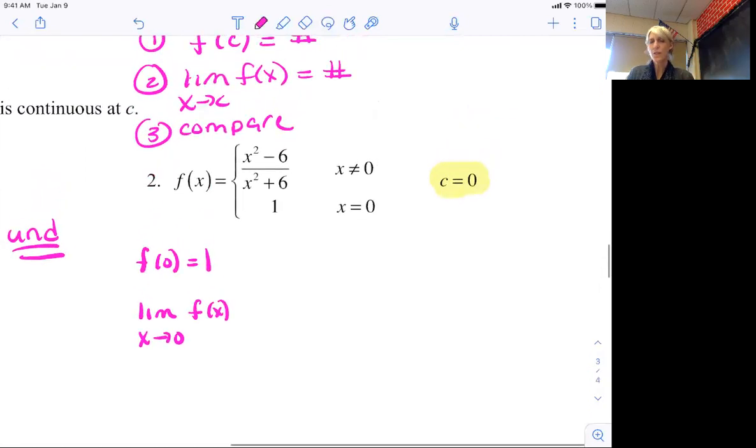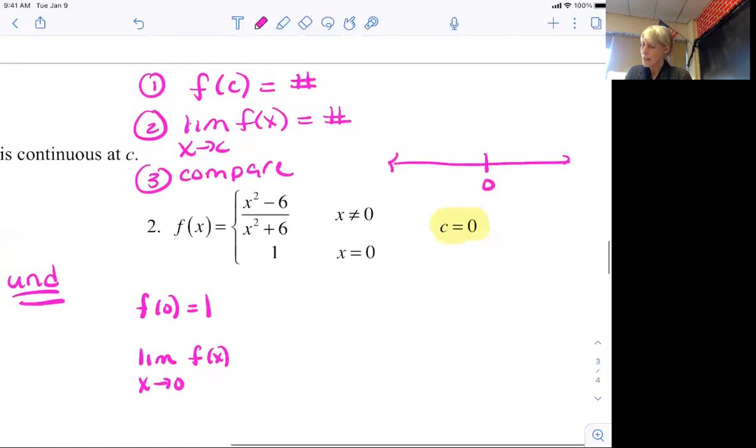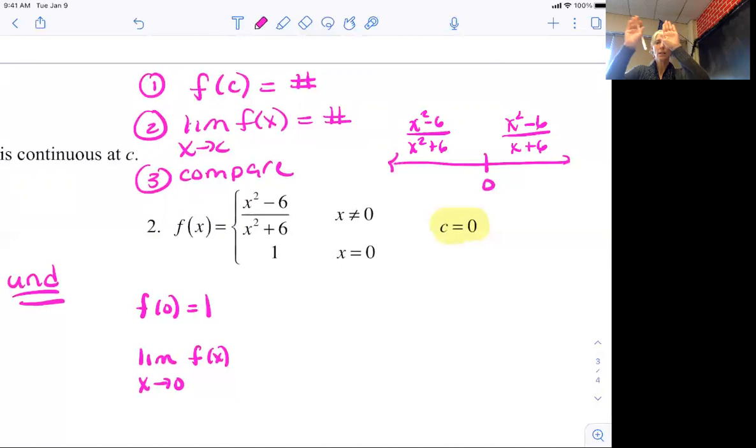Go up to your piecewise function and think about what's going on. When I plug in the number, I get 1. That I already did. When I go to evaluate the limit, I'm going to use this function from the left. Same function, x squared minus 6 over x squared plus 6, when I'm plugging in numbers from the right.